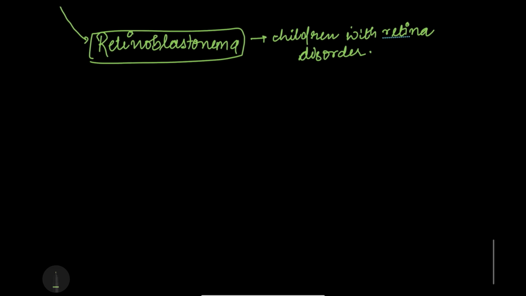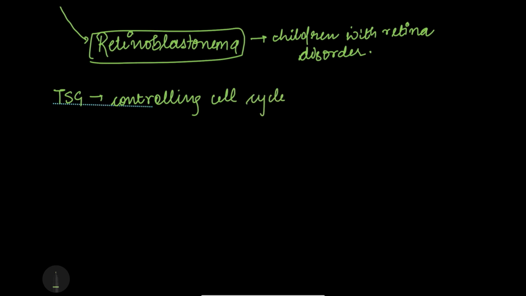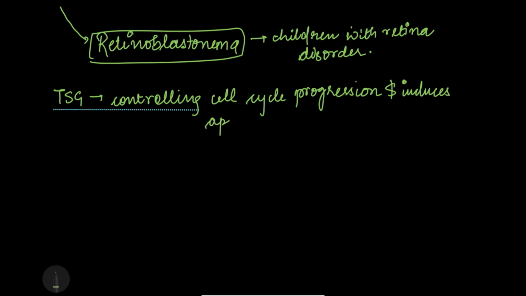Okay. Again, it acts as a tumor suppressor gene because it helps in controlling cell cycle progression and also induces apoptosis, right?